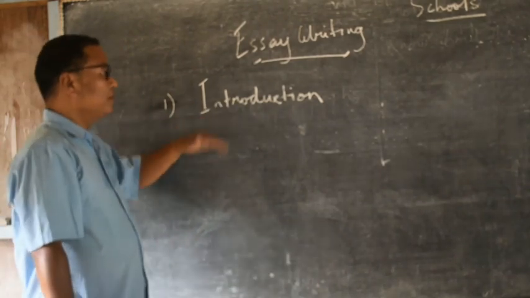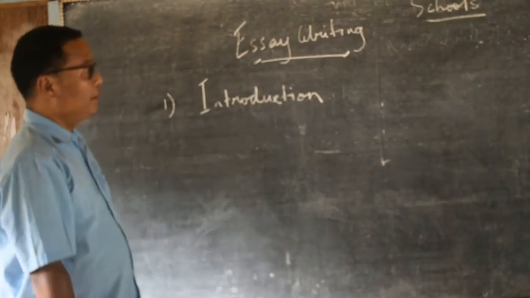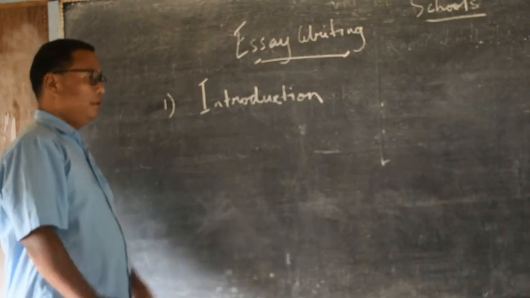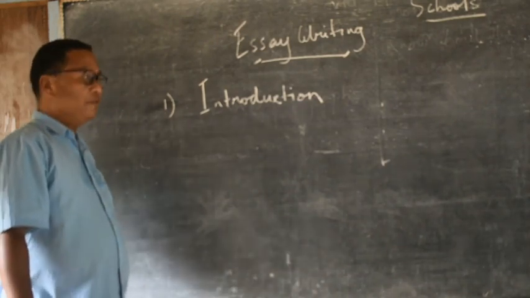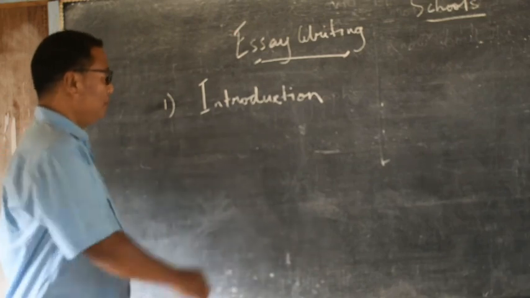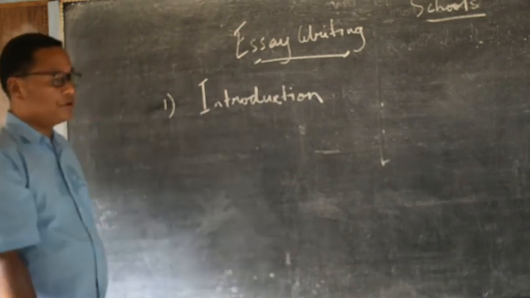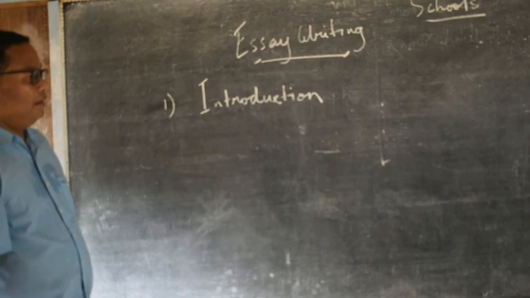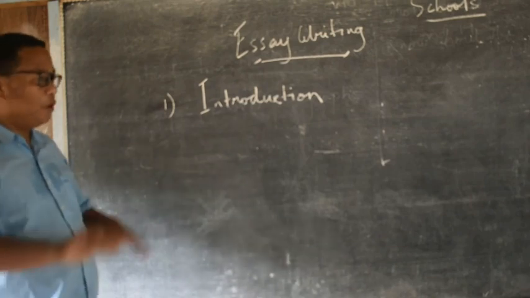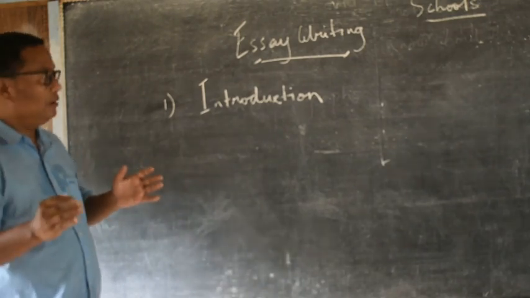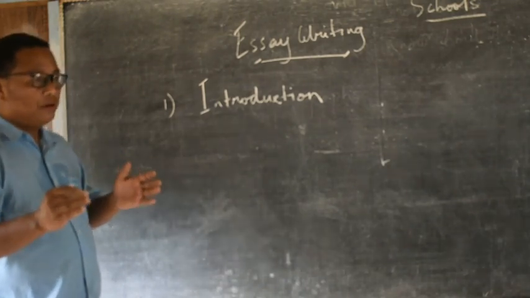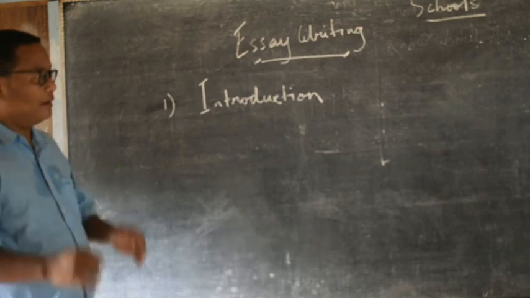In the introduction, we are expected to define what schools are. The definition of the topic must come in the introduction. That will give an opening for the person who reads the essay about the topic which we are writing.